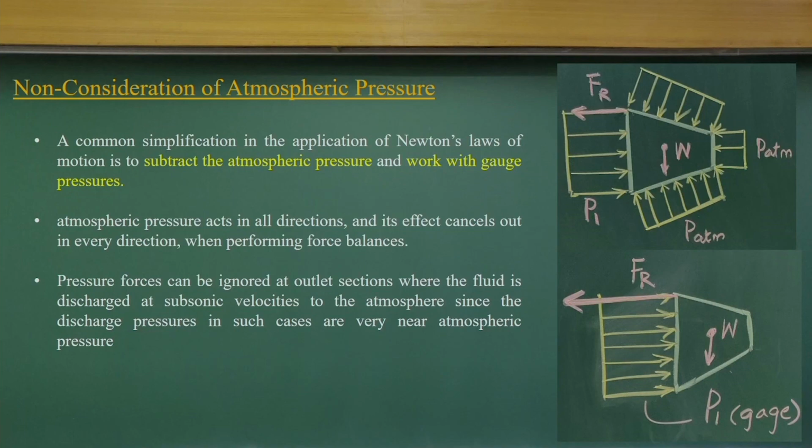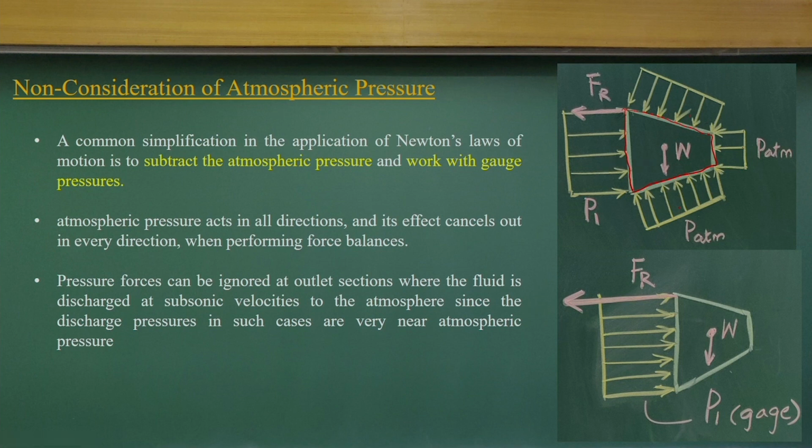Now let us consider a very important point before applying the linear momentum equations to a control volume. Say I have a control surface like this. If you look at this control surface, on these three faces we have atmospheric pressure. Here I have the absolute pressure, that means atmospheric pressure plus the gauge pressure.